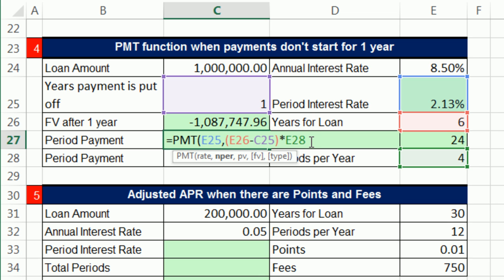Control Z. Comma. Now, the present value, this is just like making a calculation for a loan, right? But think about this. Even though for this calculation right there, when we calculated it in the green cell, it was minus, that's because if we paid it back, it would have come out of our pocket. But now we made that calculation, and this is going into the future, so we have to make this present value positive.